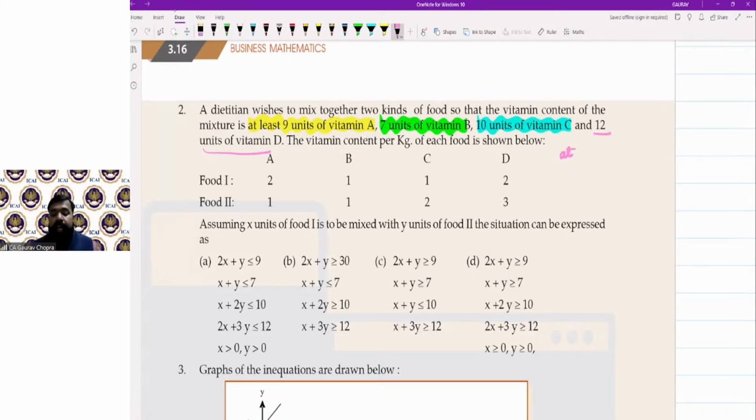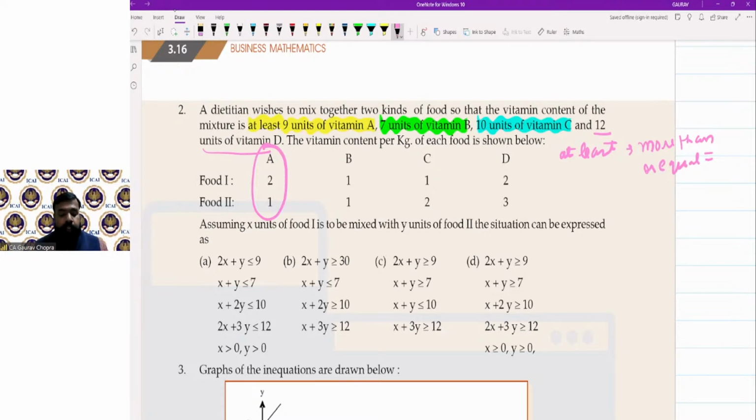In front of all the constraints, what word is used? At least. So whenever at least is used, at least means more than. So here it is more than or equal to. So in the situation, whichever has more than or equal to will be correct. So for the first constraint, 2x plus y, less than equal to 9 or more than equal to 9, it should be more than.